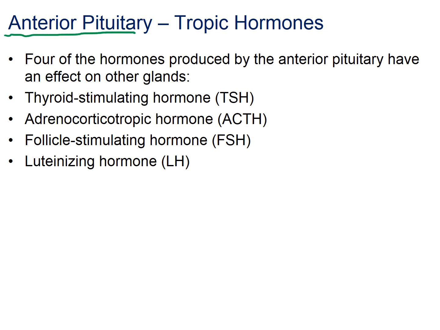The other four hormones produced by the anterior pituitary gland are called tropic hormones because they have an effect on other endocrine glands, and they are all listed here: TSH, ACTH, FSH, and LH. Although you can use acronyms on the final test for the written portion, I do recommend learning the full names, because knowing what the short form stands for actually tells you a little bit about what the hormone does.